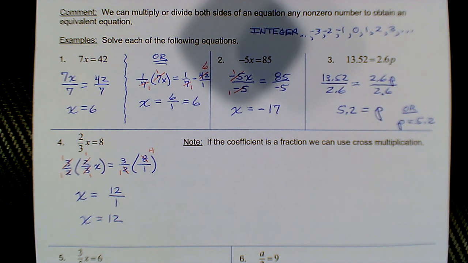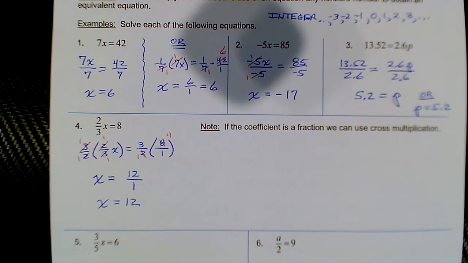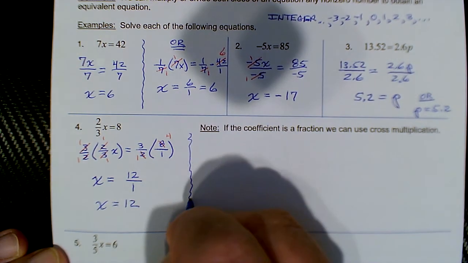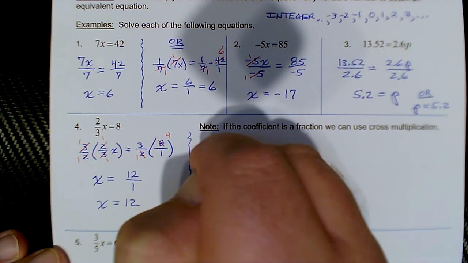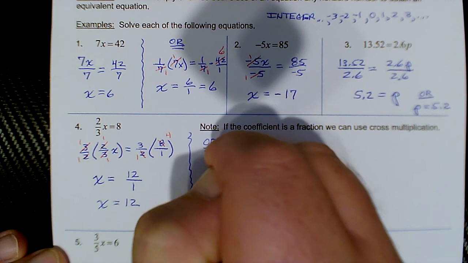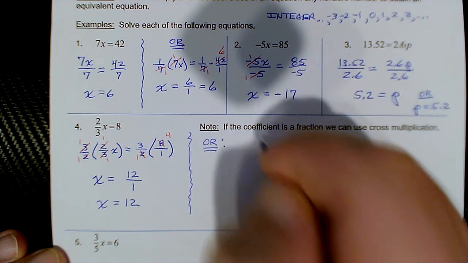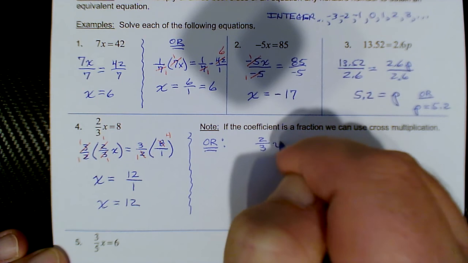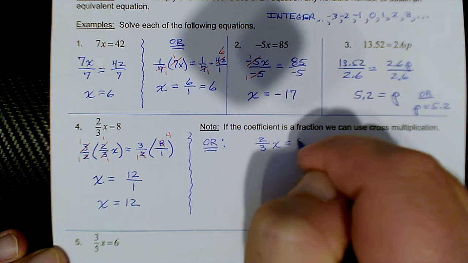Now, it's fine to do it that way, but there is, I feel, an easier way, because we are all familiar with the concept of cross multiplication. So I'm going to put a little wavy line here, because this is the alternative method. So I'm going to say, or, if you start with the same equation, here's what you could do.